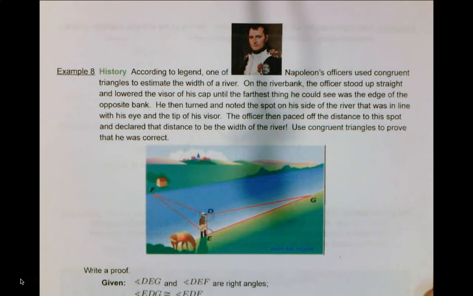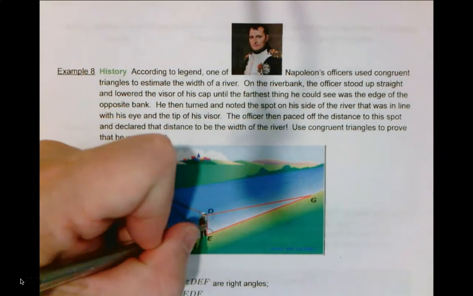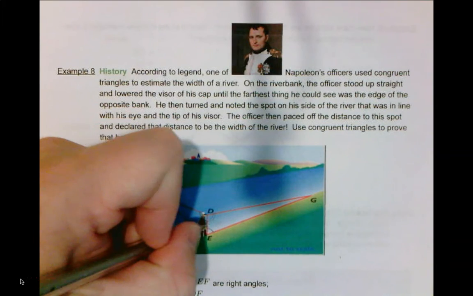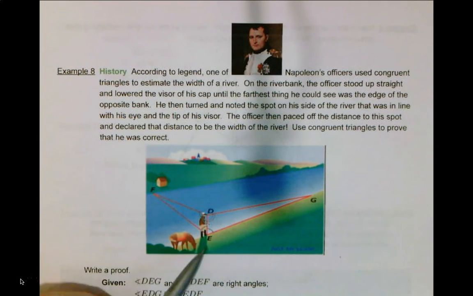He's not looking for exact numbers. So it's probably safe to say that the brim of his cap is at the same angle over the water as it is over the land. And the final assumption that we're going to make is that he does not grow or shrink during this process. He remains the same height when he looks over the water as he is when he's looking over the land.